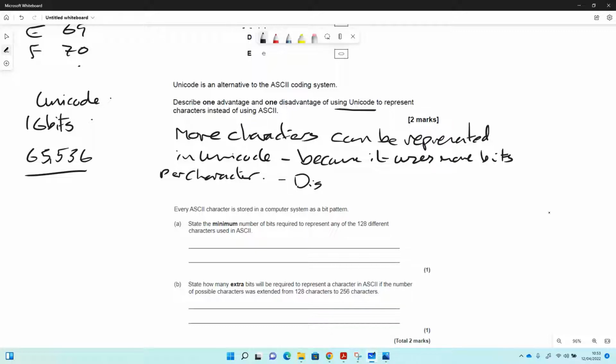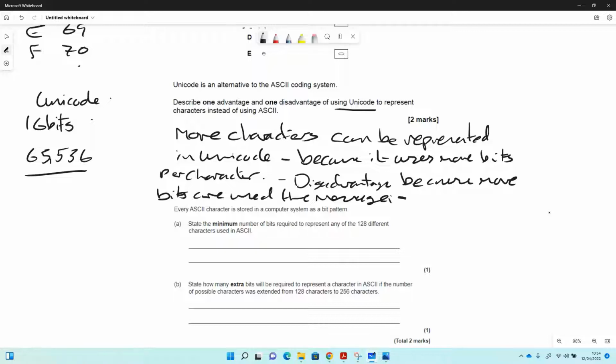A disadvantage: because more bits are used, the message is larger, takes longer to transmit.